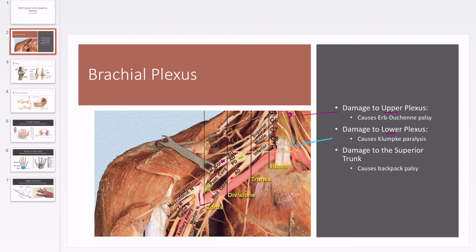Damage to the lower plexus, something like C8 and sometimes involvement of T1, can cause Klumpke paralysis, which presents kind of like a claw hand. A lot of times Horner's comes up with T1 injuries if you have T1 involvement.